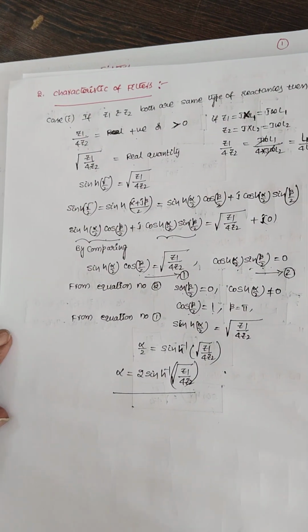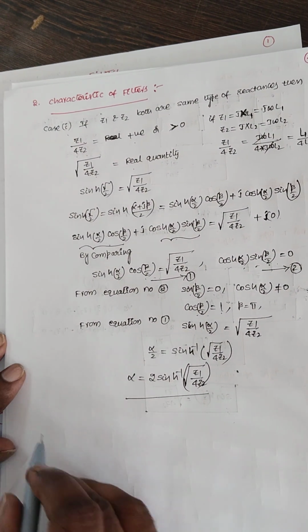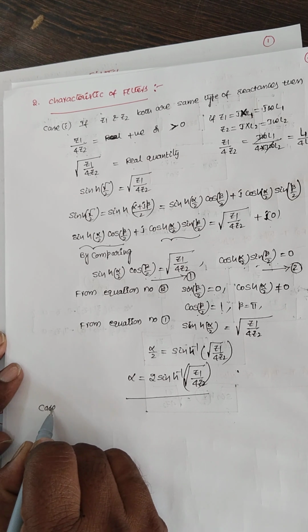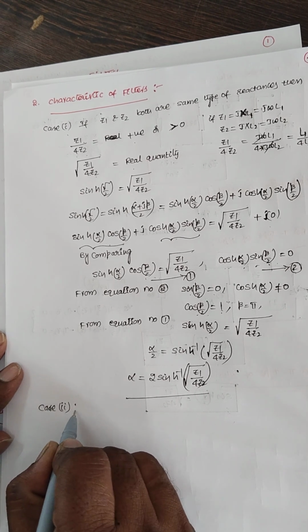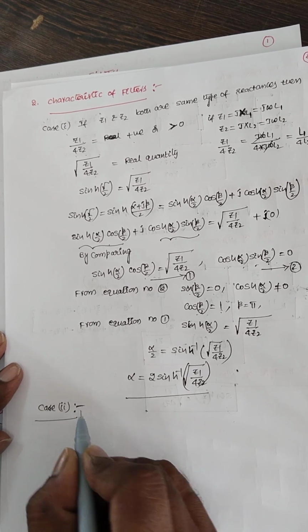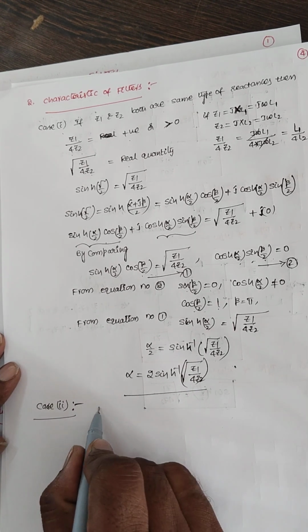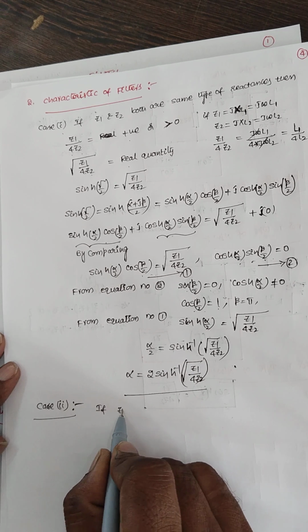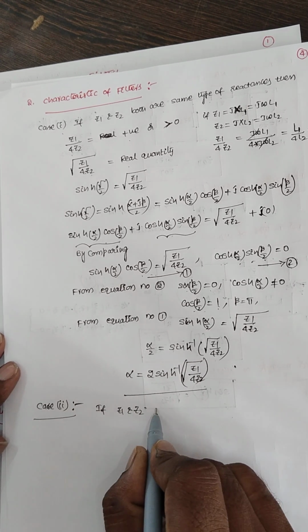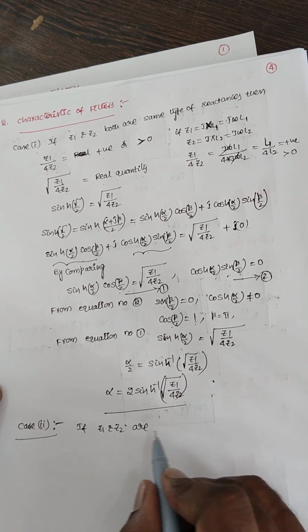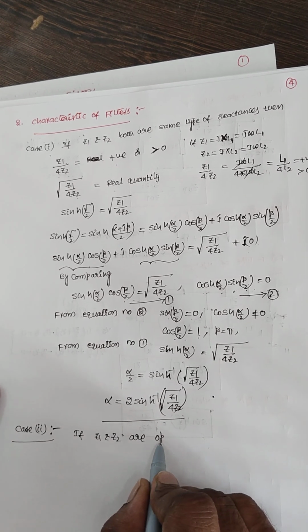So next thing here is case number 2. In case number 2, z1 and z2 are opposite types of reactances.